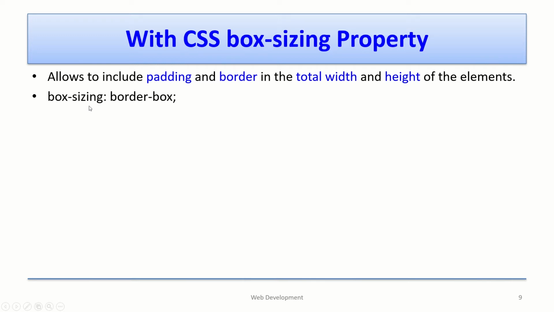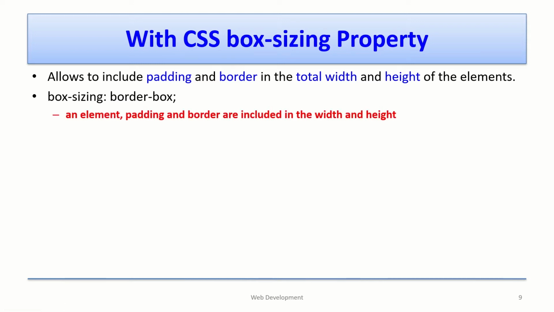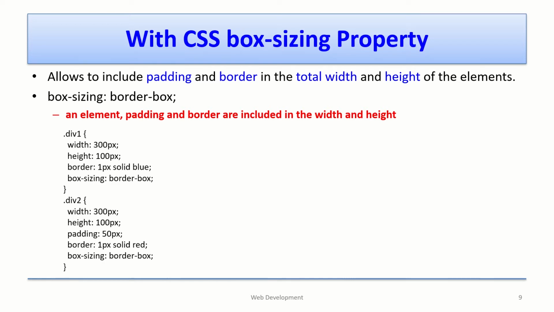So actually box sizing is a CSS property. We can set this as border box. All right, so this will allow padding and border to be included in the total width and height. So what you can do, we can set box sizing as border box.